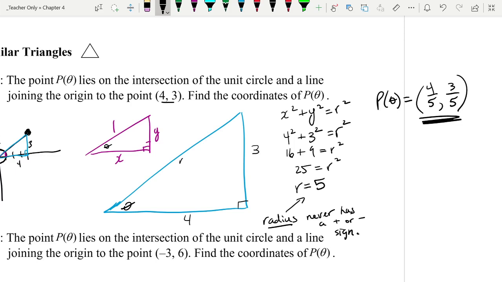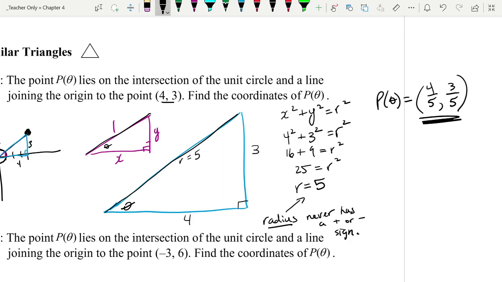Can you think about why that is? Because if this line here is 5, how would I turn this line into that line? Oh, I'd divide it by 5. And it's proportional, right? It has to be the same proportion since these two triangles are similar.